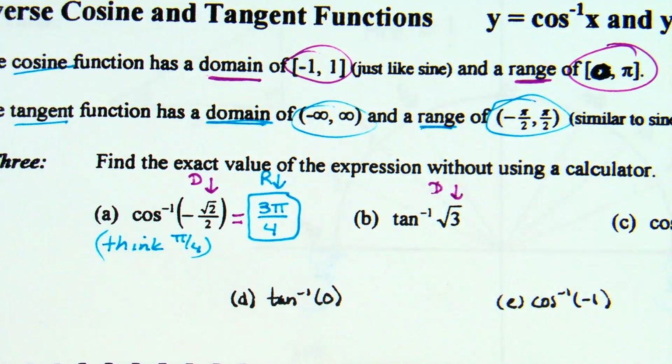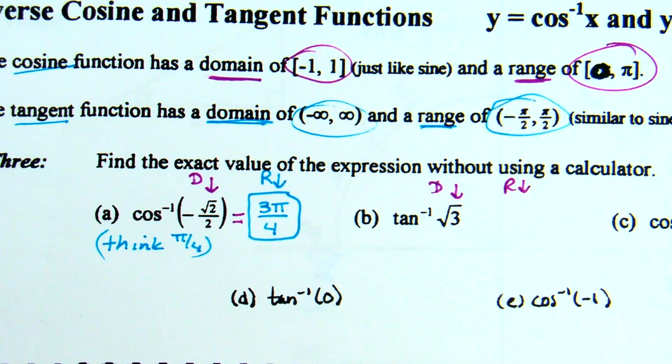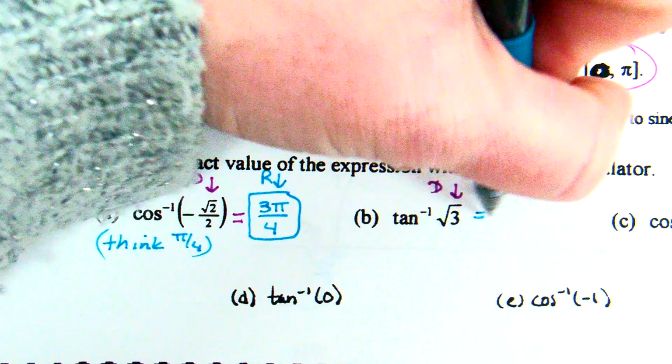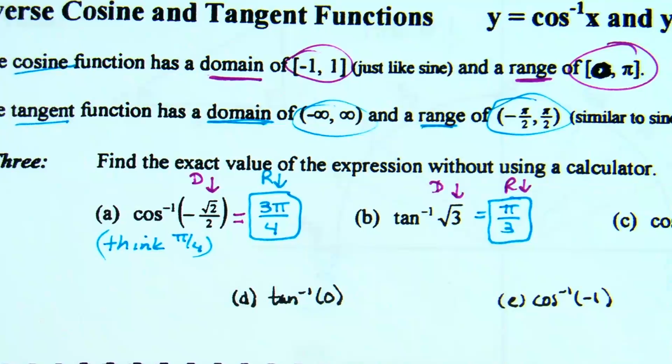Okay, so where does tangent equal square root of 3? Pi over 3. Yes, you're right. I'm trying to figure out why everyone's so confused. Are you guys looking at your chart? I was using the circle, that's why.